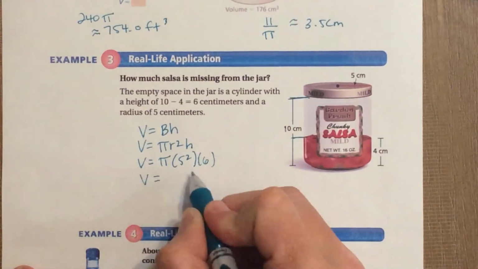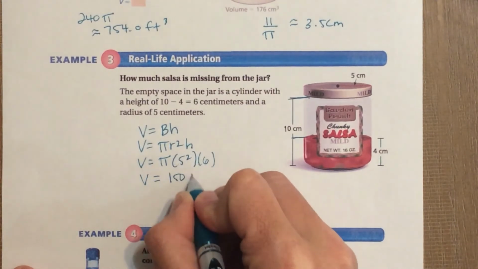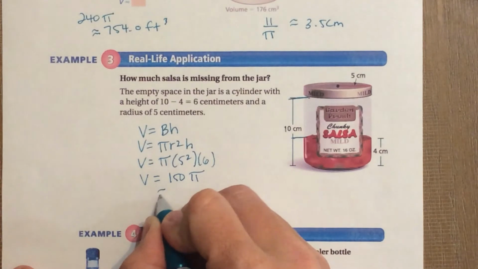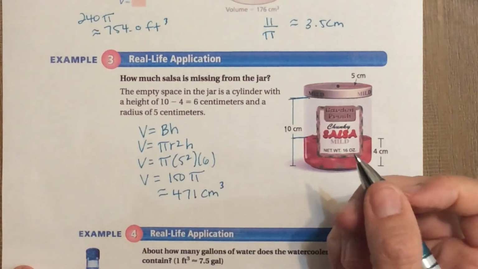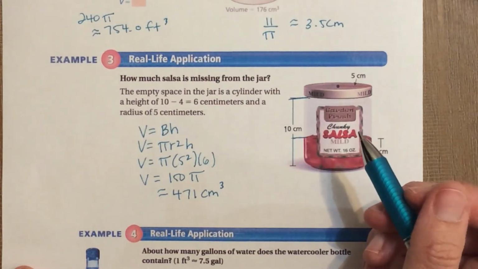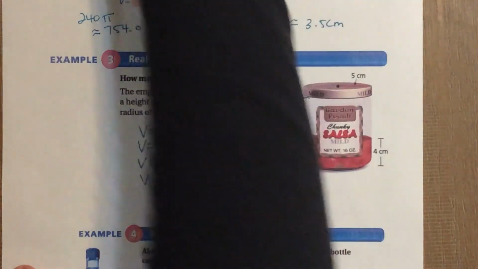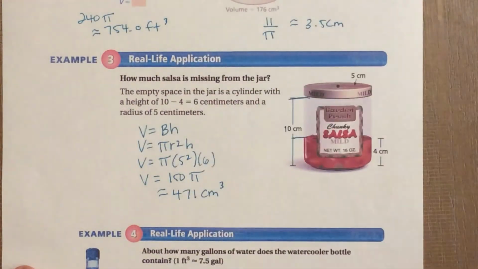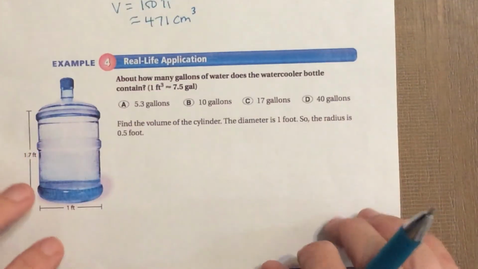So the volume equals 5 squared is 25. 25 times 6 is 150 pi. And that's equal to 471 centimeters cubed. So there is 471 centimeters cubed of salsa missing from the jar. Somebody is busted.